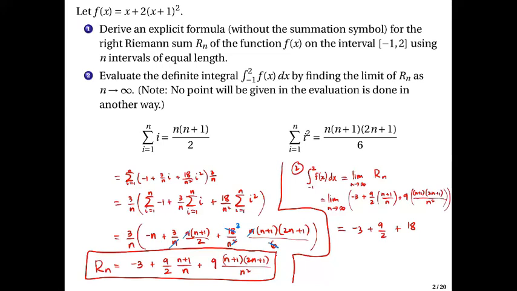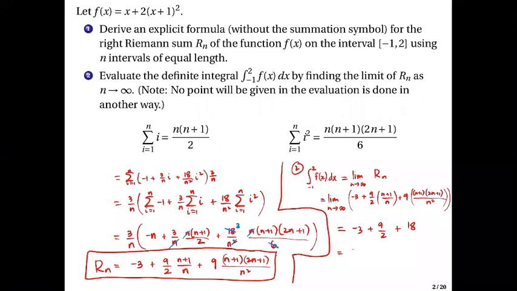So I am expecting that you still remember these finding limits. That's a skill that you should have learned from your Cal 1. So I will skip the details for that. So simplifying this, we'll just have what? 18 minus 3, that's 15.